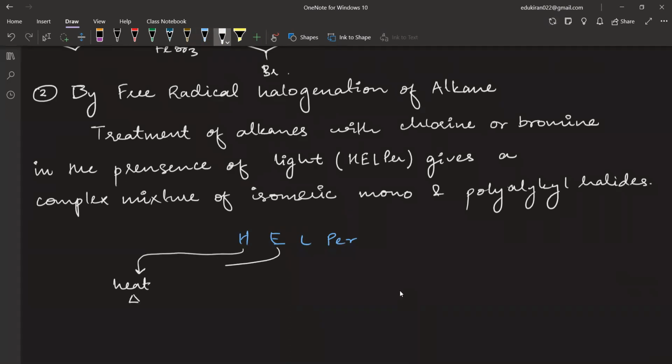E is electricity, not very much used in 11th and 12th standard. L is light. You'll also see light as h nu. H nu is what? It is E is equal to h nu, right? H is the Planck's constant, nu is the frequency. So light is sometimes shown as h nu, and this is peroxide.